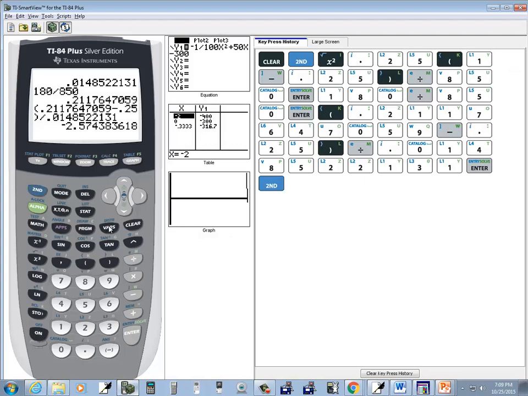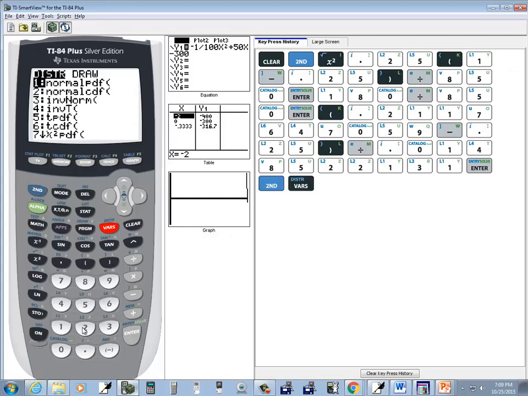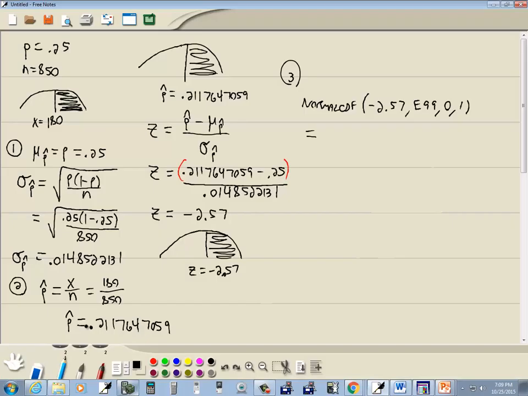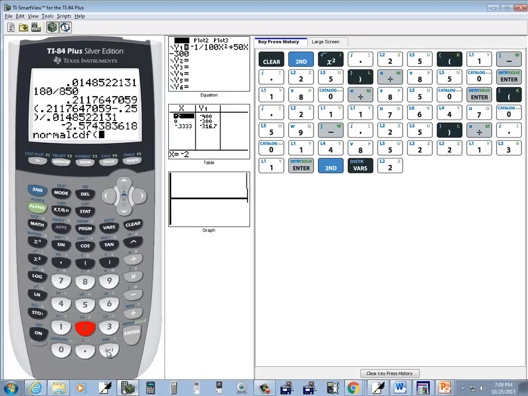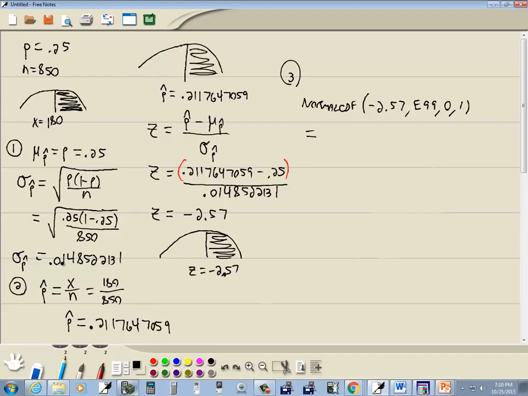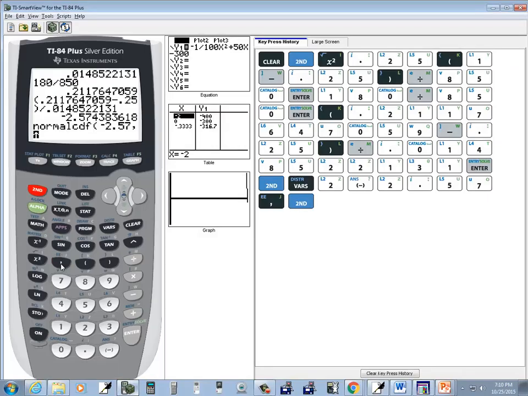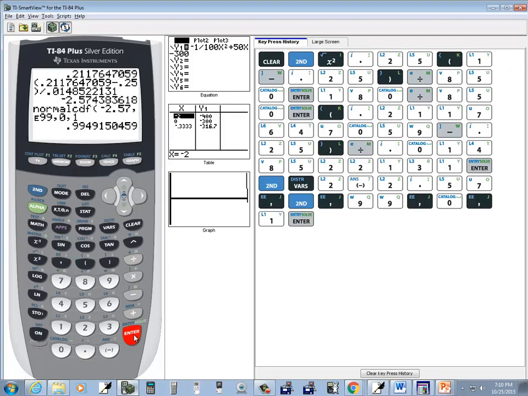So do second vars, choose normal CDF, and then negative 2.57, comma E99, second comma for the E99, comma 0, comma 1, and then press enter.